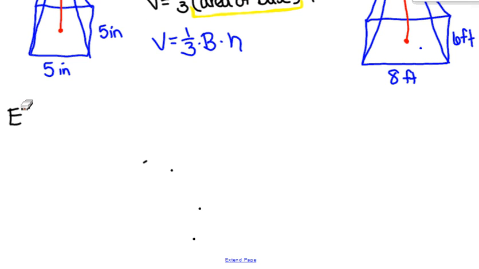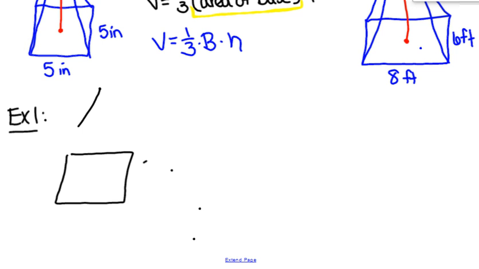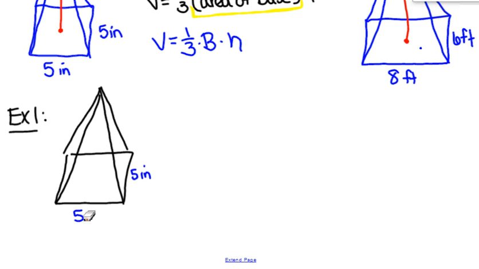I'm going to call this first one example 1. I'm going to say in this first example that the base is a square. My square still has sides of 5 inches. And let's make the height 12 inches.